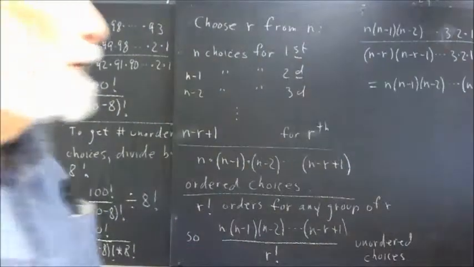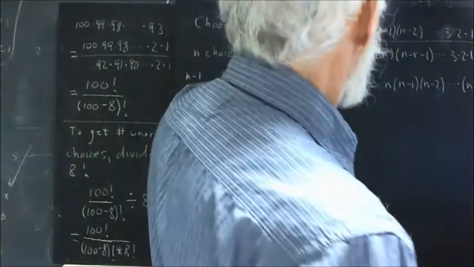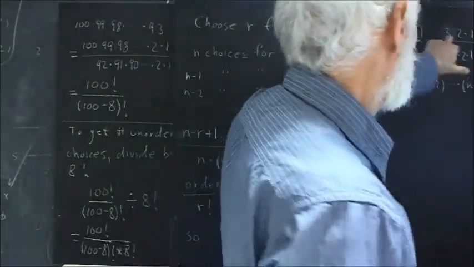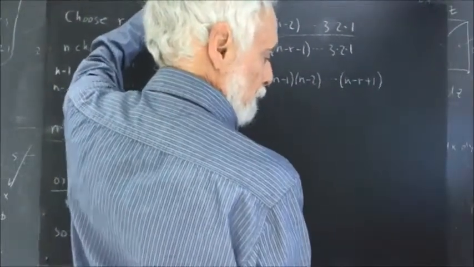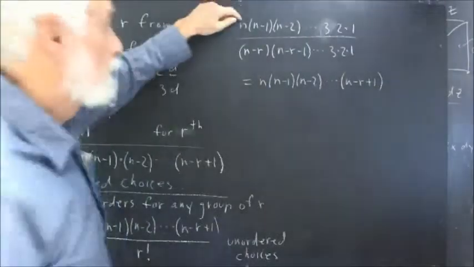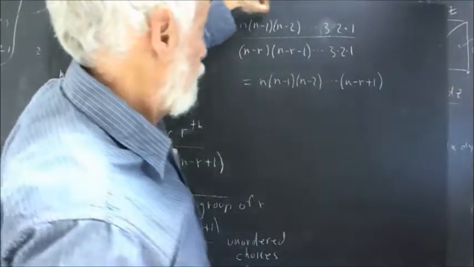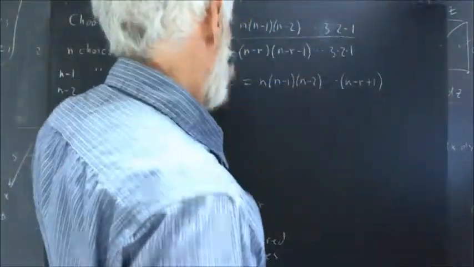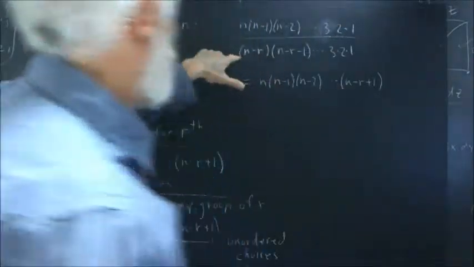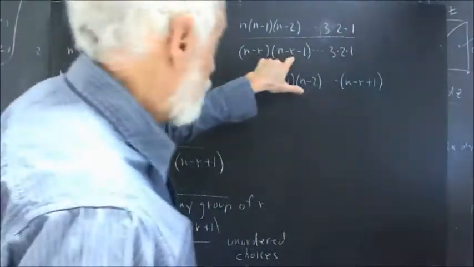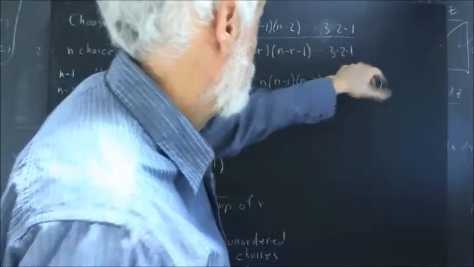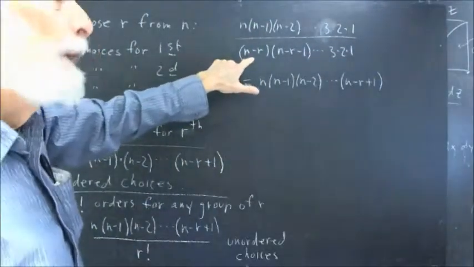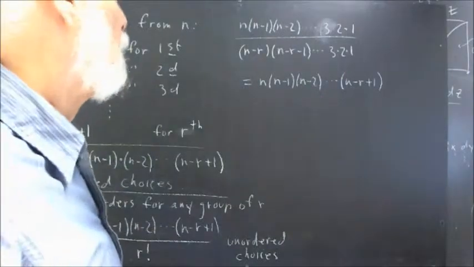Okay, if you write N times N minus 1 times N minus 2 all the way down to 1, that's N factorial. N minus R times N minus R minus 1, N minus R minus 2, etc., down to 3 times 2 times 1, that's going to be N minus R factorial.